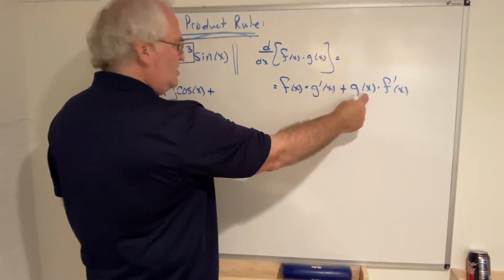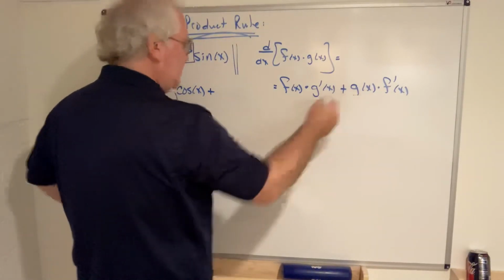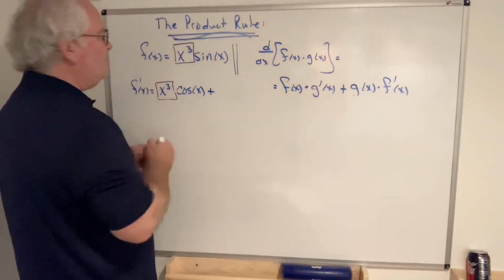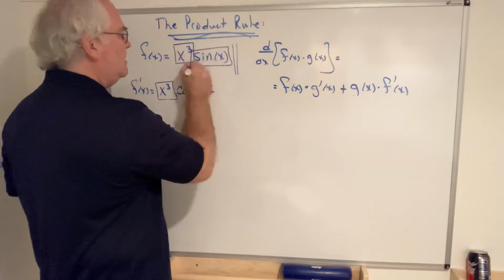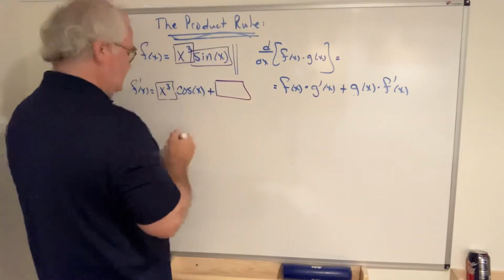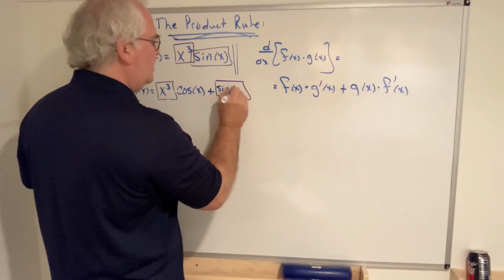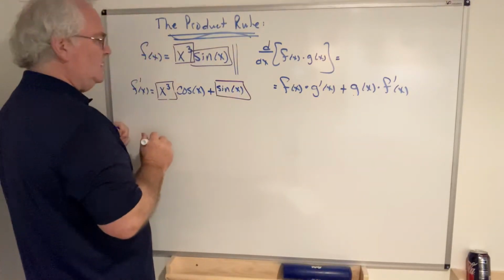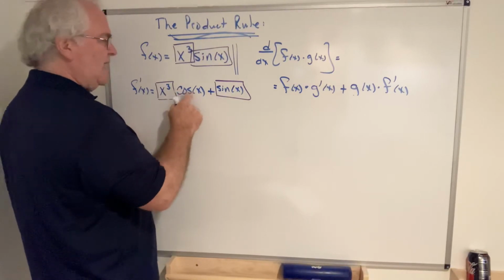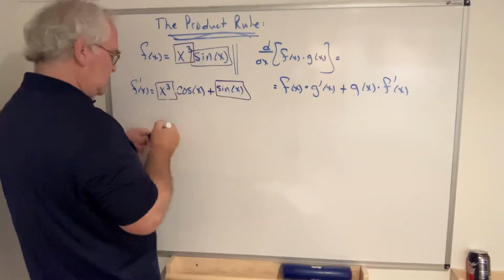You don't do anything to it. You just write down the second function. Once again, you copy, paste, sine of x. Don't change it in any way, shape, or form.